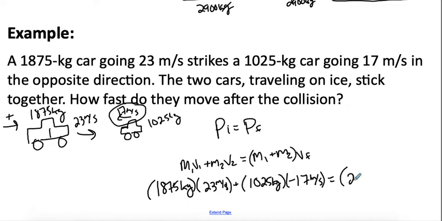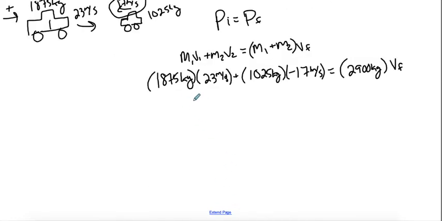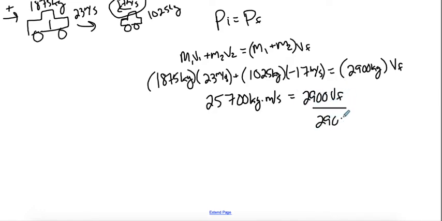And then let's just write that 2,900 over here again from the last problem times final velocity. Now this number is going to be a little bit different, but then again we're going to divide by 2,900. So on the left-hand side we get 25,700. That's kilograms times meters per second. And then we have that 2,900 on the right. So divide both sides by 2,900.